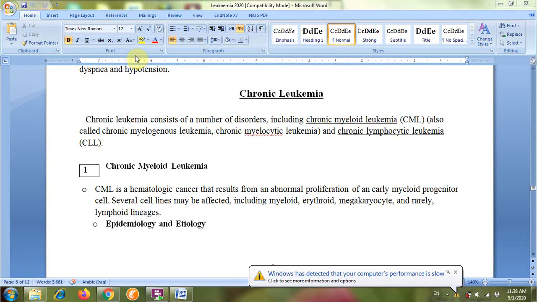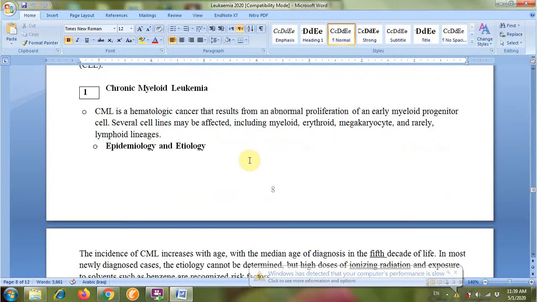And of course, there's a difference in the prevalence and incidence according to the age and according to the cause. Chronic myeloid or myelocytic leukemia is a leukemia of the middle age.